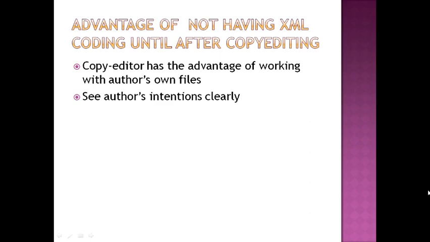There are different markup languages used for this conversion, and among them we prefer XML coding. XML coding is a markup language in which we use a set of tags to mark up the entire text, and this XML coding can be done by different people.